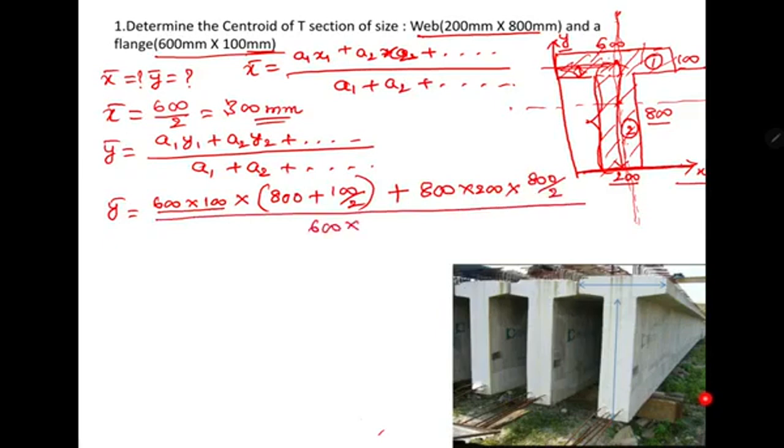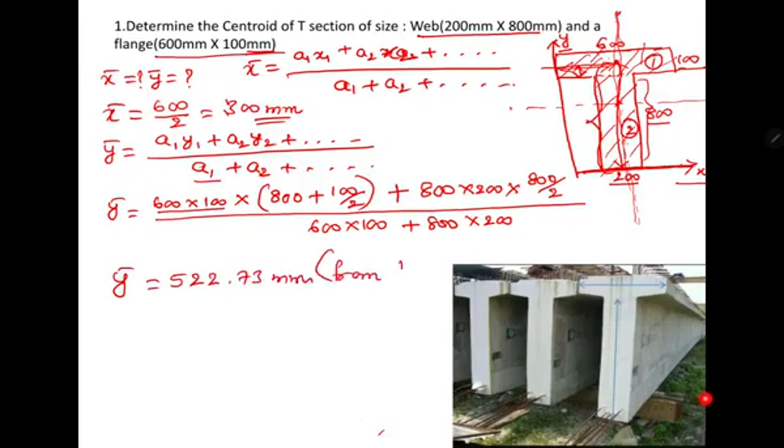Now 600 into 100 is a1, plus 800 into 200 is a2, the area of the second plane figure. If I solve this, I will get y bar equal to 522.73. From where? From the bottommost layer. The x-axis and y-axis we have taken are only for reference. So from the bottommost axis, the distance to the centroid of this plane figure is 522.73.